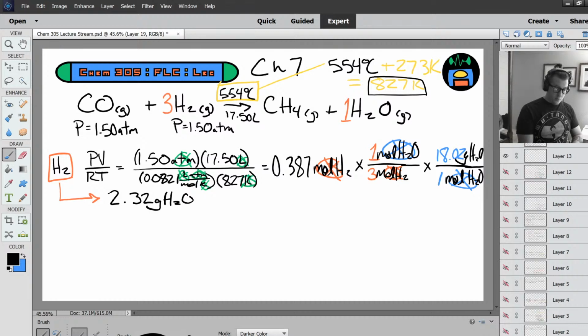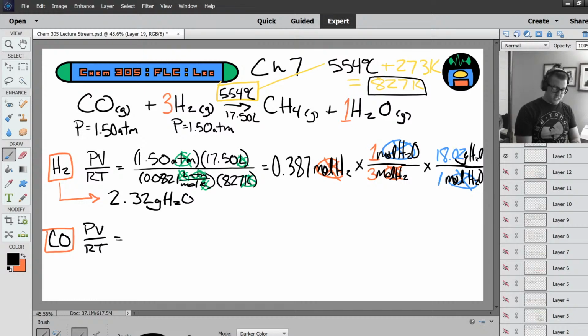All right, but we don't know if hydrogen's the limiting reactant because we have not yet calculated how much carbon monoxide could theoretically produce, right? Whenever you have starting quantities of 2 reactants, you do this calculation twice, and then you pick the smaller of the 2. That'll be your theoretical yield.